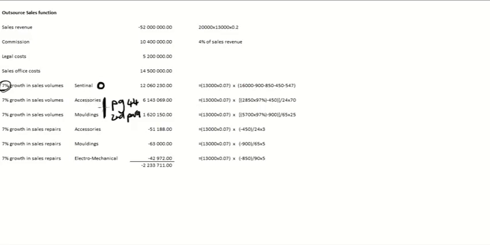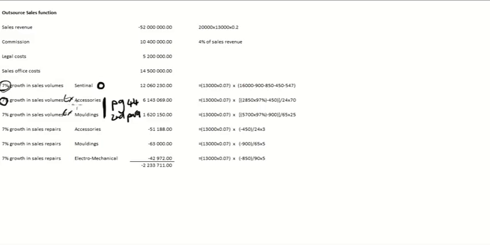What that means is that the external sales of these two divisions will increase by the 7%.